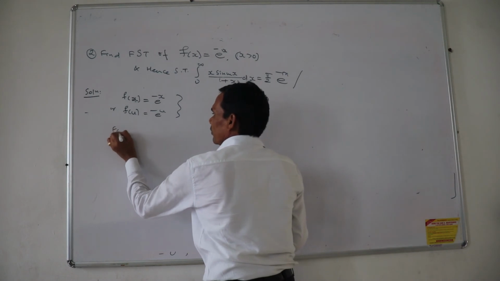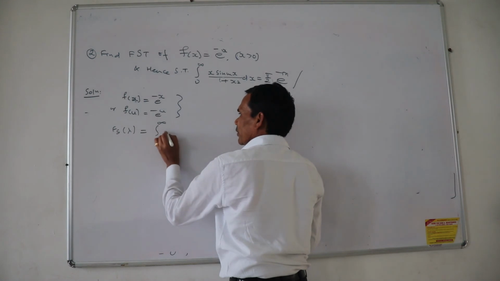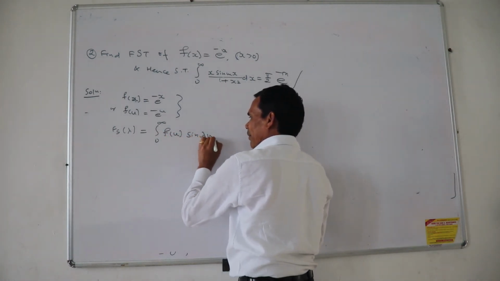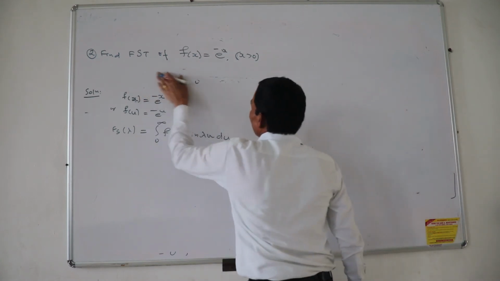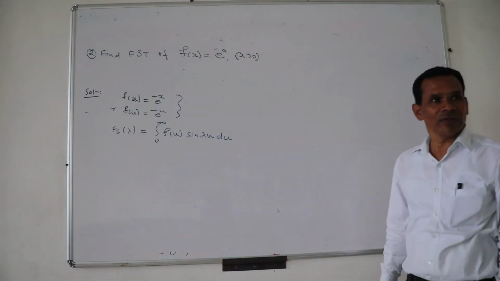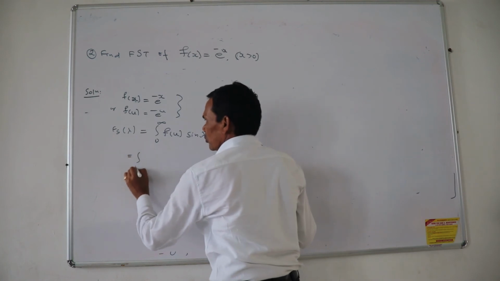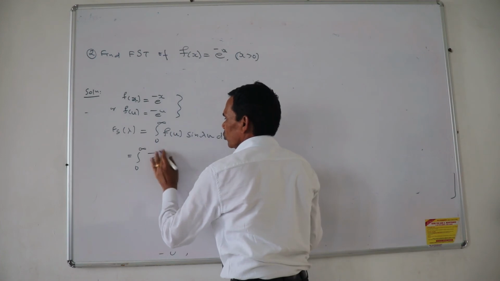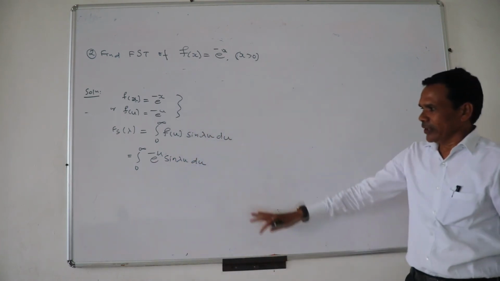Fourier sine transform, its basic definition, is the integral from 0 to infinity of f of u into sine of lambda u. Due to time, I skip this for the time being. So Fs lambda is equal to the integral from 0 to infinity of e to the power minus u sine of lambda u du.